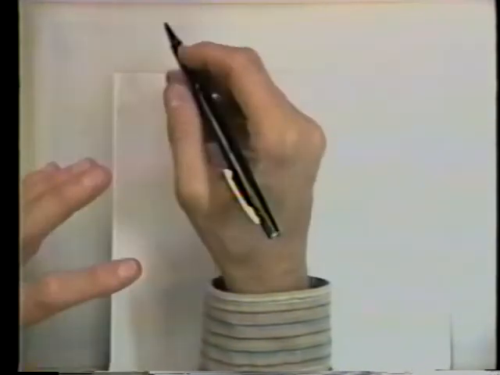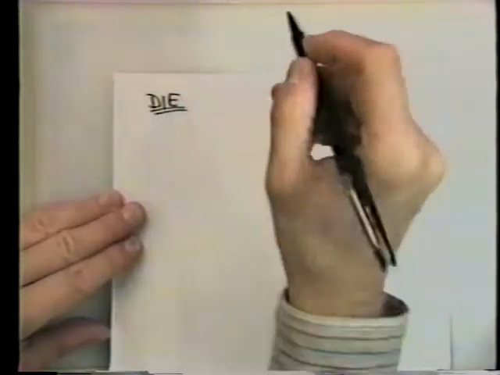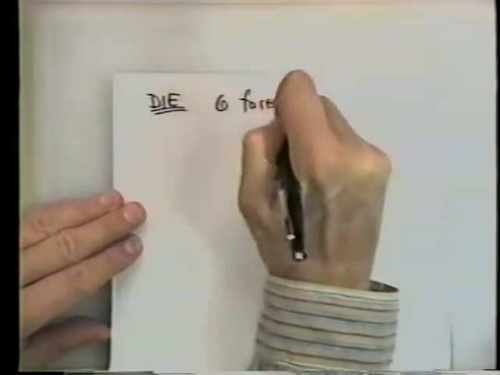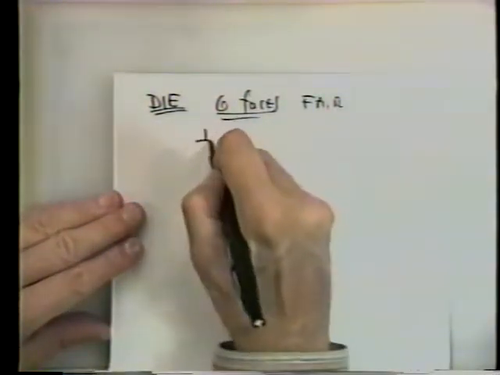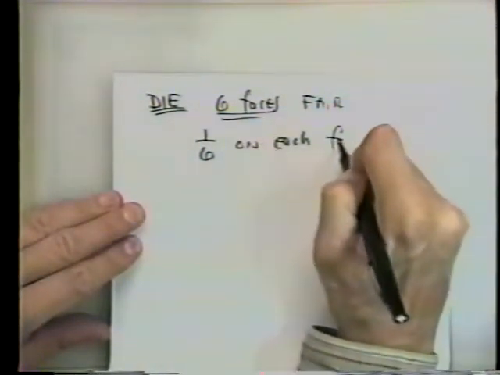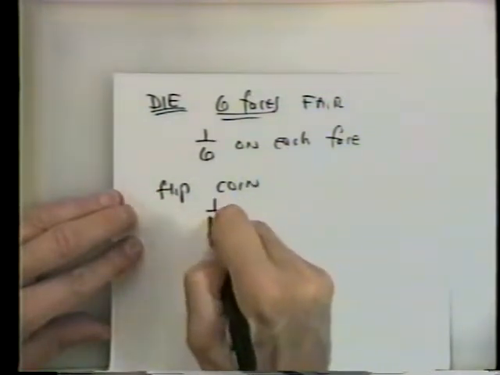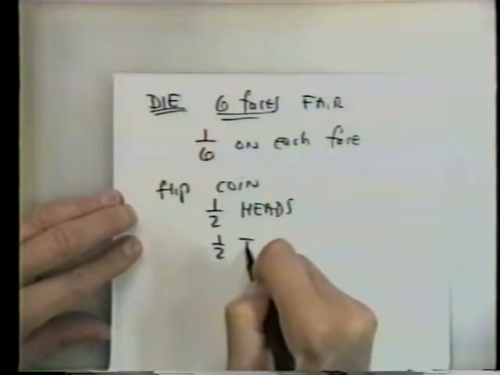We have an idea that if we take something like a die, and we flip it, if it's got 6 faces and it's fair, then 1 out of 6 times it will land on each face. Or if we flip a coin, we figure that half of the times it will wind up heads, and half of the times it will wind up tails.